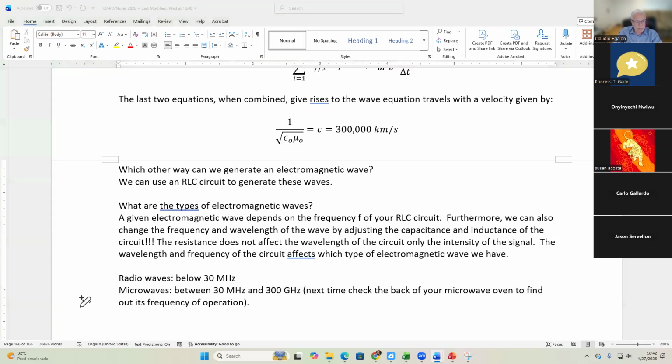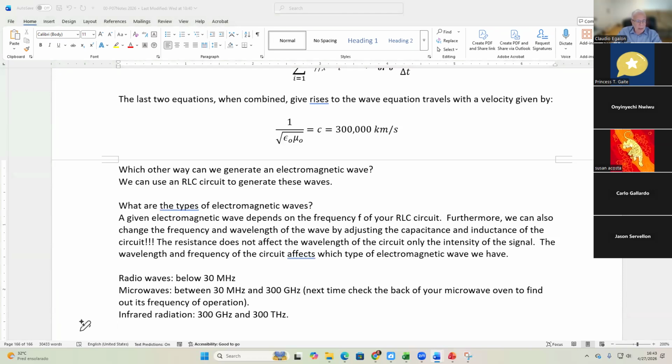In addition to radio waves and microwaves, we also have infrared radiation. All of these can be produced by having an appropriate circuit, a circuit in which the charges are bouncing back and forth.